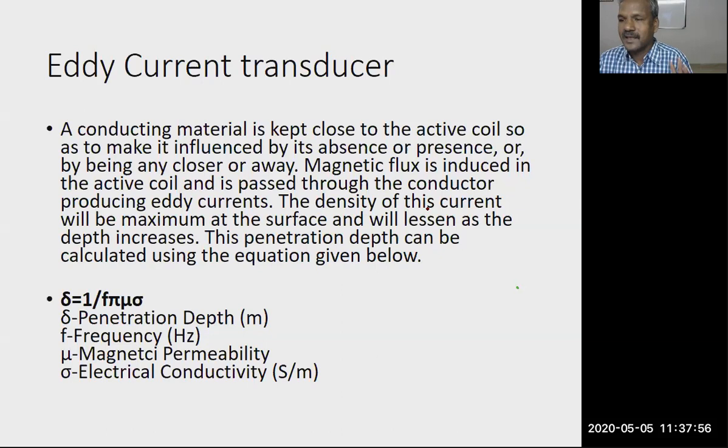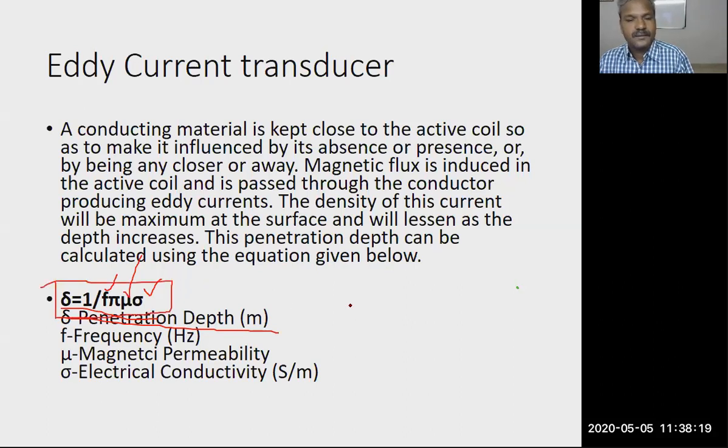The density of the current depends on the frequency of the excitation, the permeability and the electrical conductivity. So the penetration depth of the eddy current transducer depends on this relation.